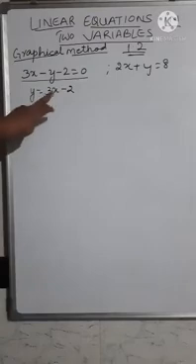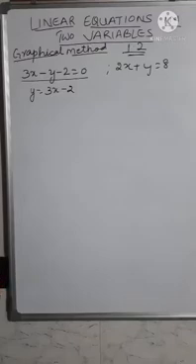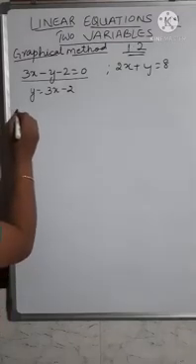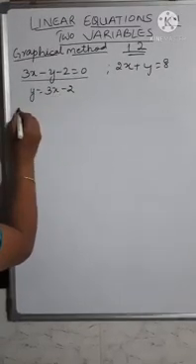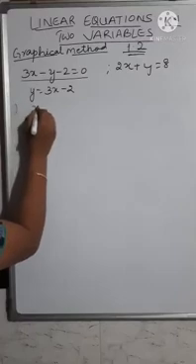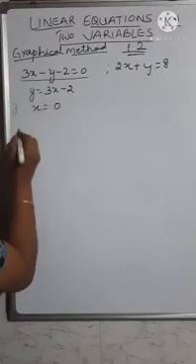Now what you have to do is give different values for x and find the value of y. You take at least 4 values to draw the graph. So first we'll prepare the table for the first equation by giving values for x. I'll take x is equal to 0.